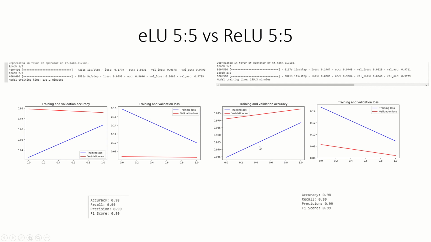For training accuracy that wasn't really the case, but for both validation cases, the accuracy reached higher faster for ELU and the loss dropped faster. So from this result, ELU does seem to be working better.